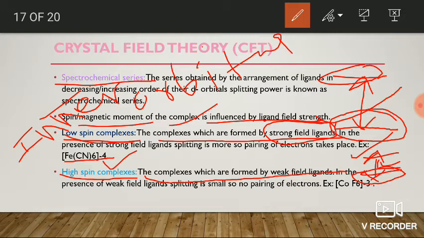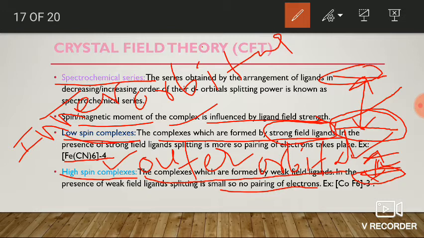There is no pairing in high spin complexes due to the small energy gap between the two sets. In VBT, high spin complexes are considered outer orbital complexes.